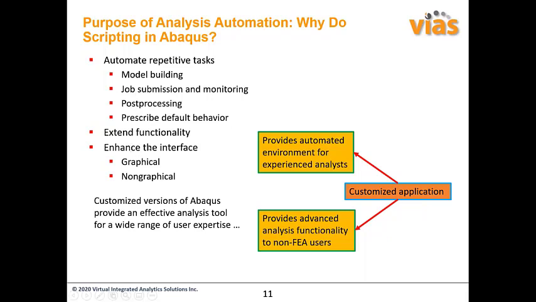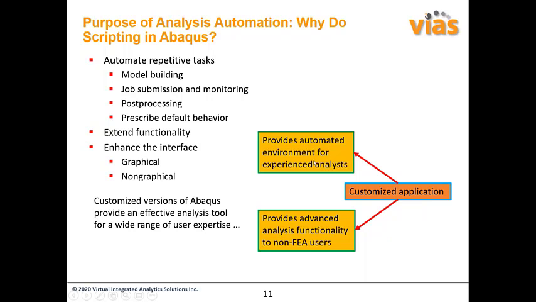You can extend the functionality by performing certain tasks which might be very difficult to do directly in Abaqus CAE. You can define them in terms of certain parameters in a Python script, and then you can enhance the interface using graphical or non-graphical scripts. Non-graphical scripts are called kernel scripts, and the graphical scripts, which we will also talk about, are called GUI scripts.